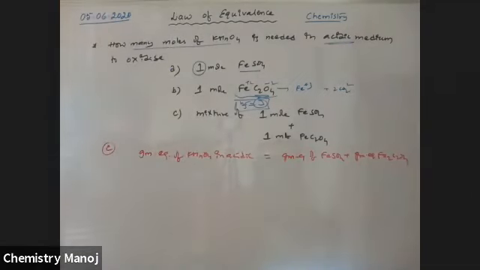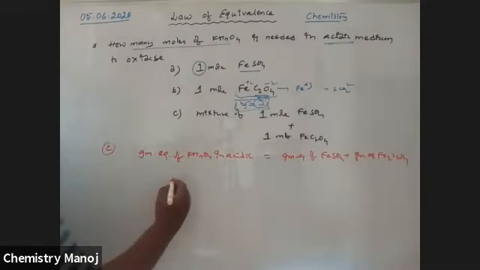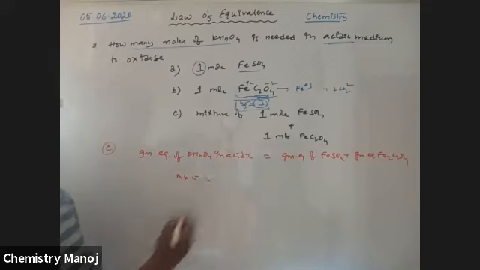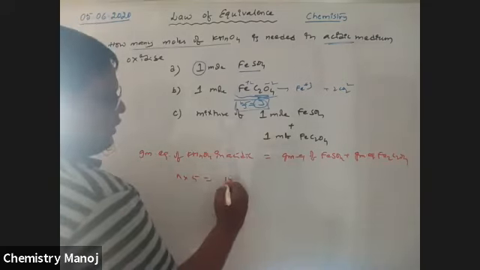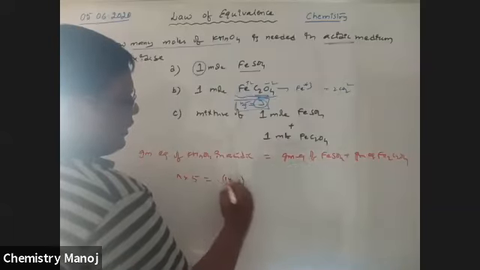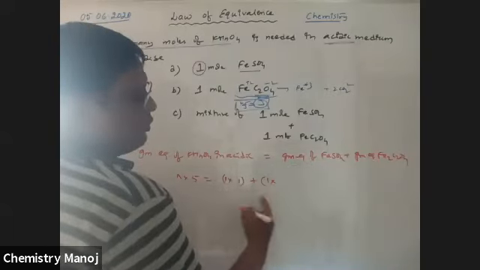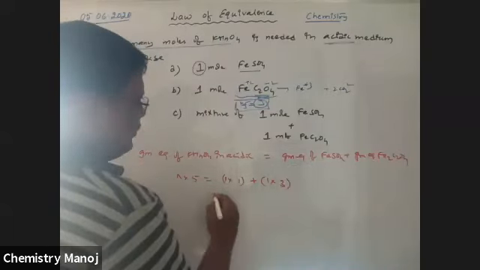Gram equivalents of FeC2O4. Now N into N factor 5 is equal to gram equivalents. It is 1 mole only. 1 into 1 for FeSO4 plus 1 into 3 for FeC2O4. Therefore, it is 1 plus 3, which is equal to 4.